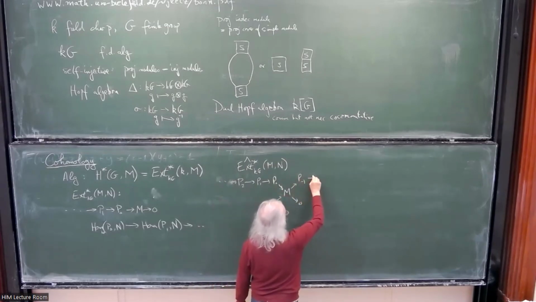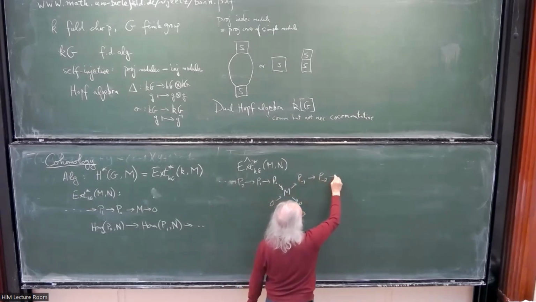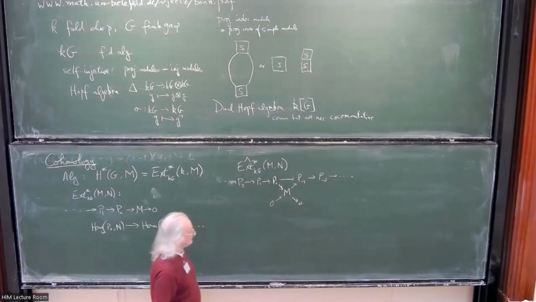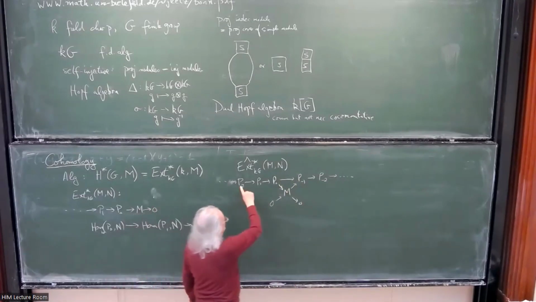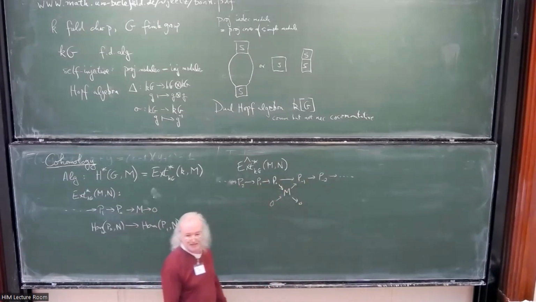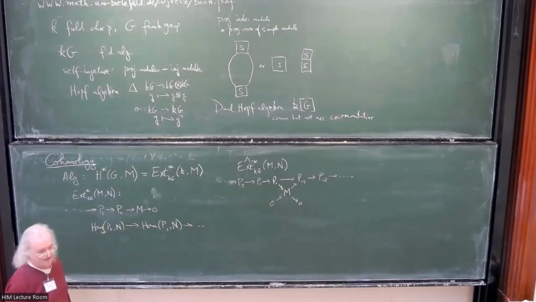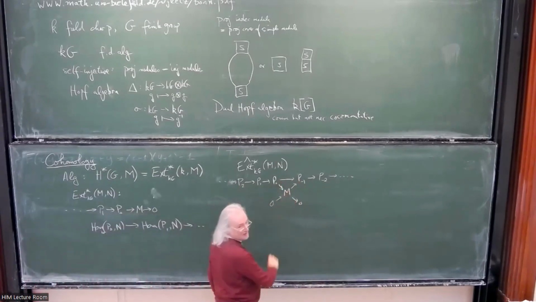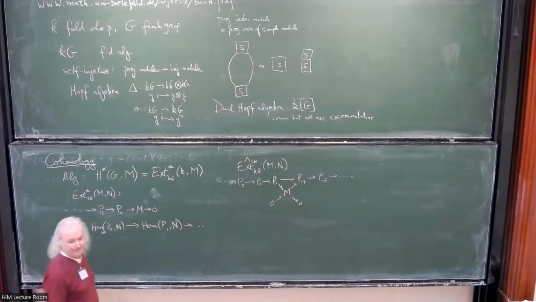So let's label these P minus 1, P minus 2, and so on. So this is a doubly infinite exact sequence of projectives, such that the image of the middle map is your module M.